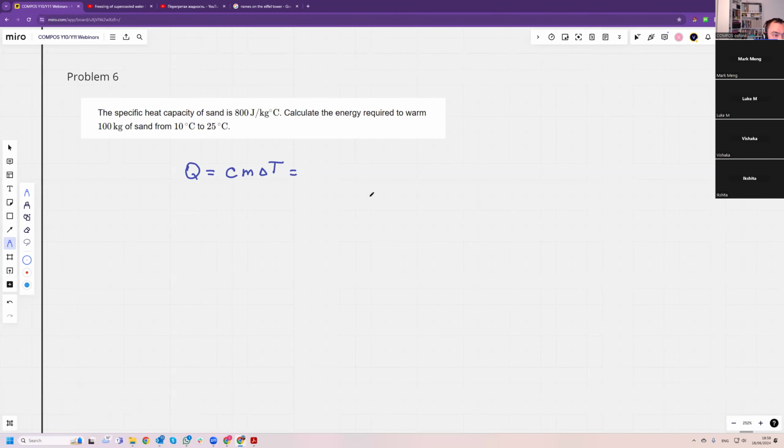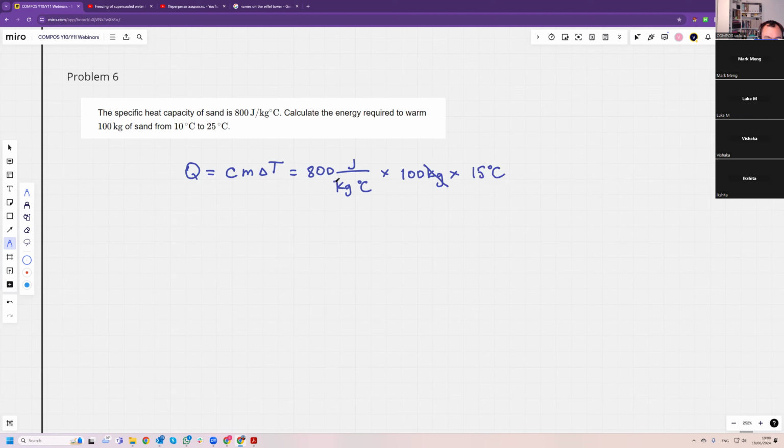And that's it. So it's 800 joules per kilogram per Celsius multiplied by the mass, which is 100 kilograms, multiplied by the change in temperature, which is 15 degrees Celsius.